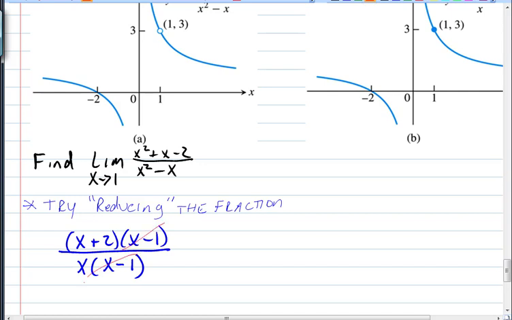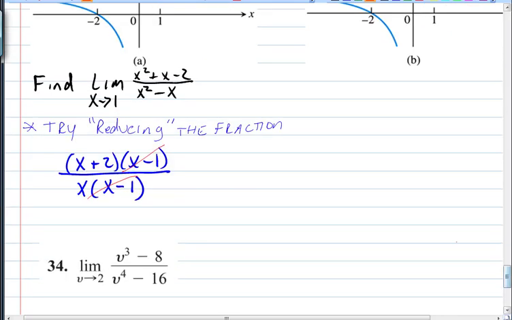Yes, the x minus 1's cancel. So what that means is this function is equivalent to the limit as x approaches 1 of x plus 2 over x. Well, now I can use direct substitution, right? Because the denominator is no longer 0.